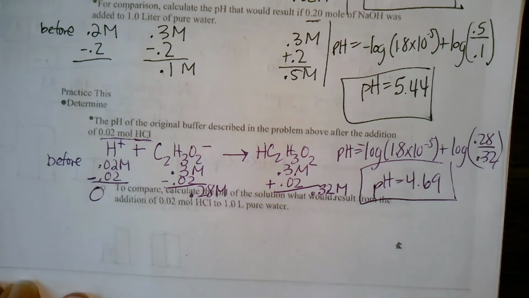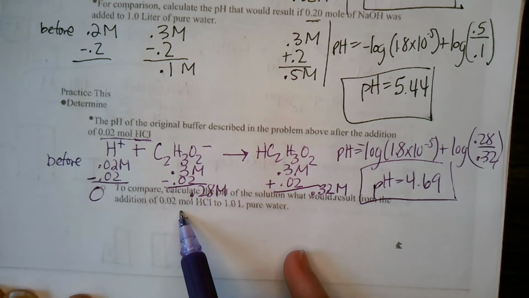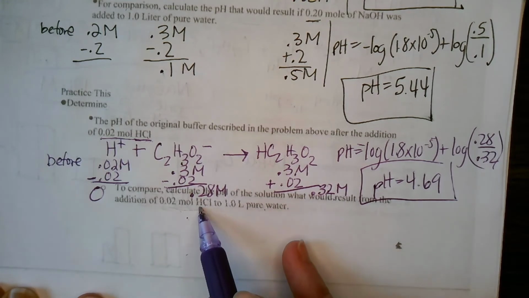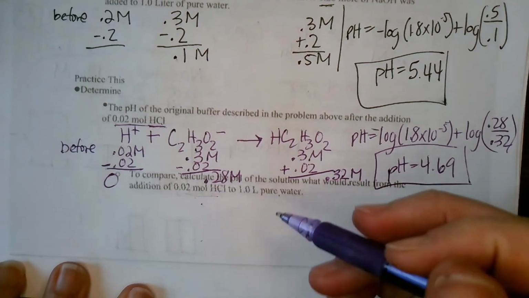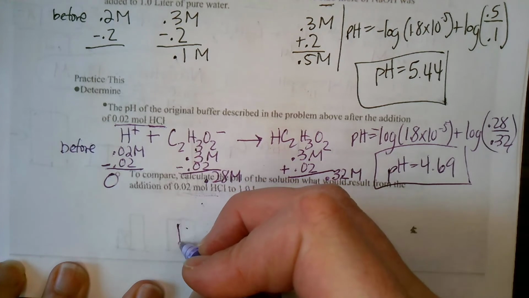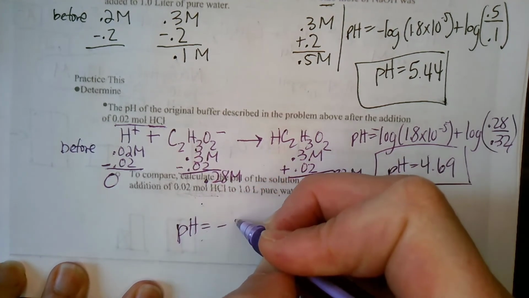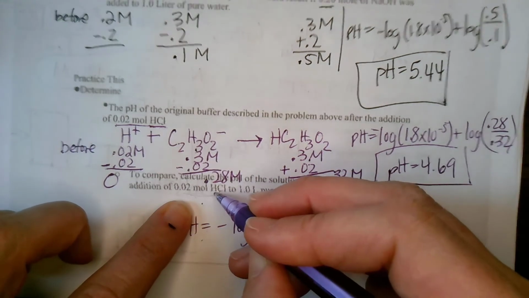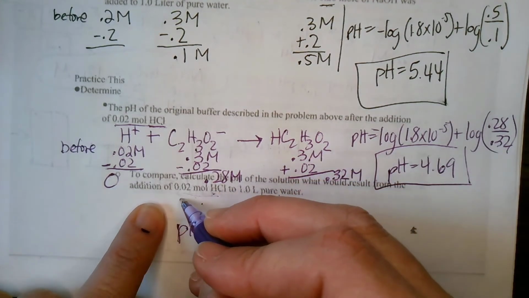Now if we compare this, if we were to add that same amount of HCl to pure water, again, we know that this 100% dissociates, and so to find the pH of that, it's just the negative log of its concentration, because this would totally dissociate and this would be our H+.